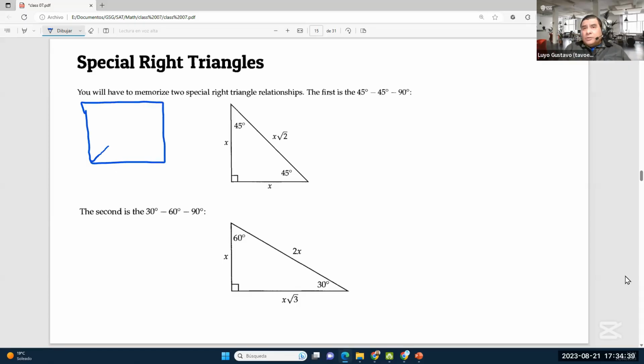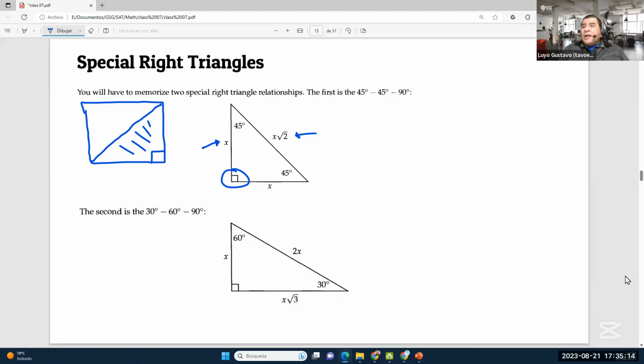If in a square you draw the diagonal, you form exactly this special triangle, which has two equal angles of 45 degrees each and one right angle. And so there is this connection between the length of the common leg, x, and the length of the hypotenuse. It is the common length multiplied by the square root of 2.